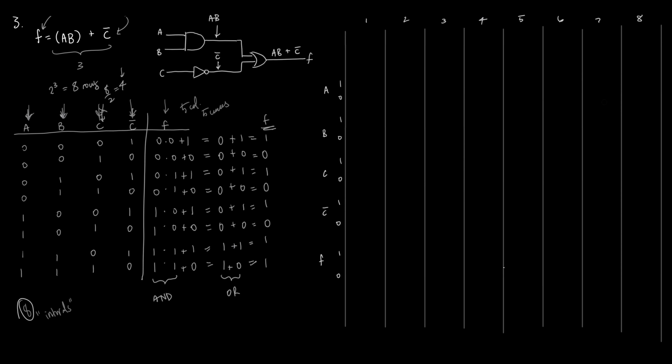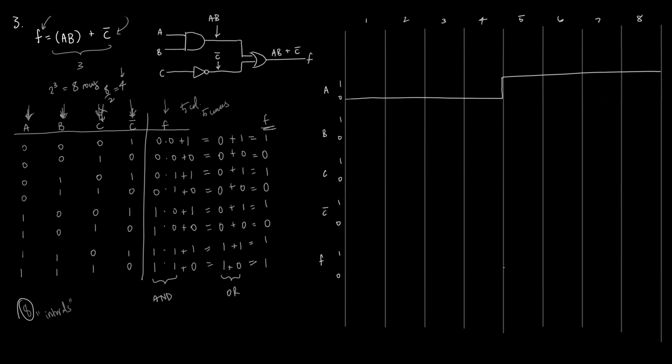Just looking at this, we know we've split it down the middle. We've got 4 intervals that are 0 and 4 intervals that are 1. So just looking at the truth table for A, we can have it at logic low until the 4th interval, and then bring it up to logic high for the last 4 intervals.